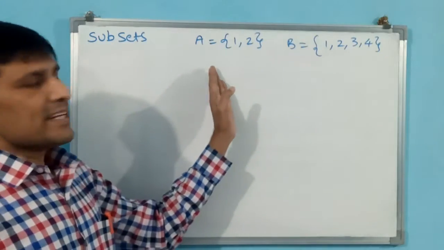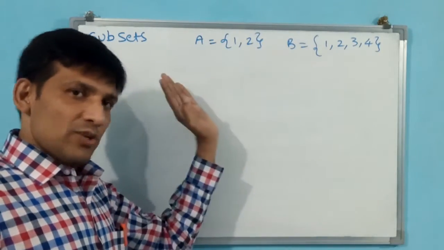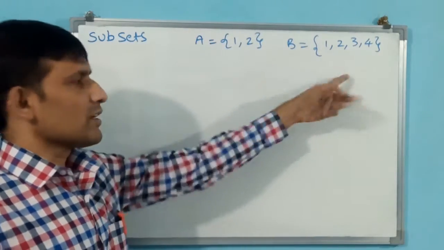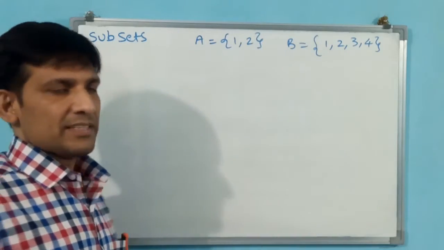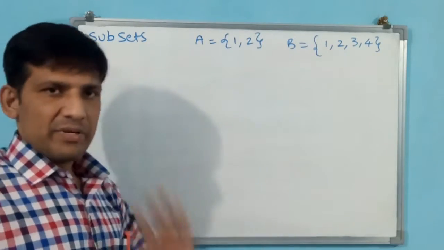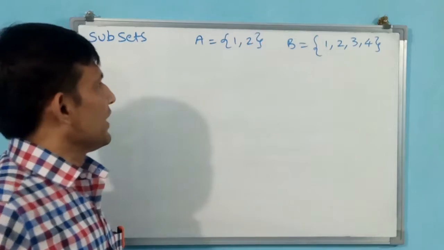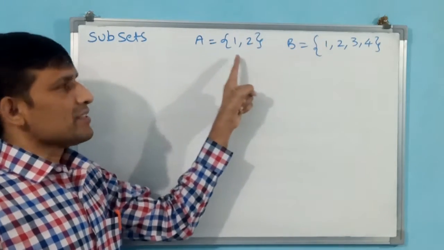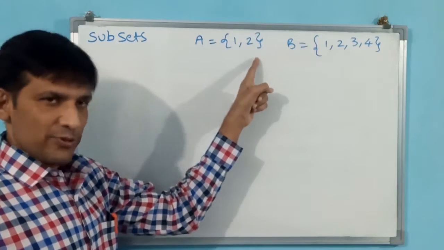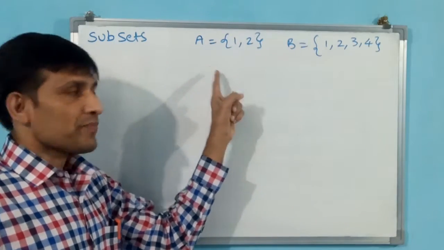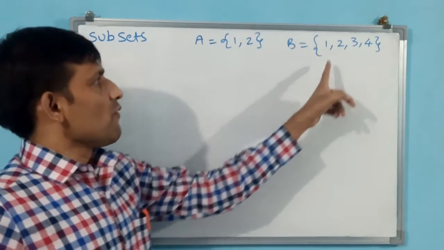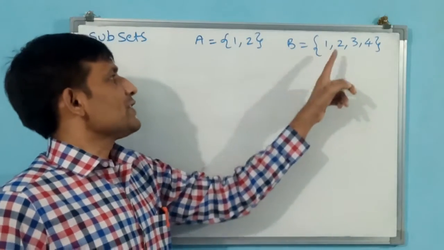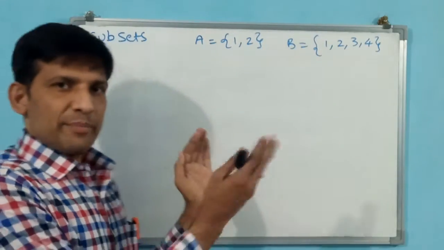We have written two sets here, in roster form only, because these are the roster form representations of the sets. Set A and set B are in front of you. In set A, two elements are there, 1 and 2. In set B, four elements are there, 1, 2, 3, 4, properly separated by commas.